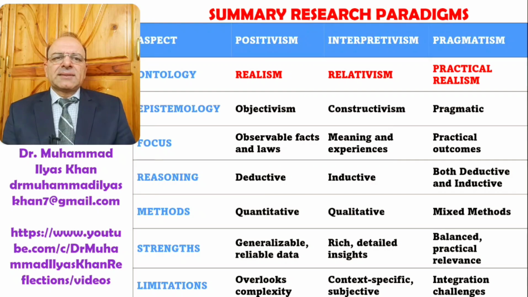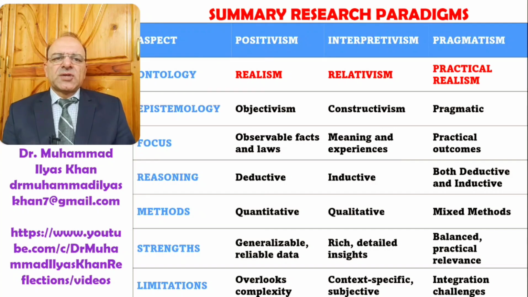In terms of methods, generally positivists use quantitative methods, interpretivists make use of qualitative methods, and pragmatists make use of both quantitative and qualitative methods, or you can say mixed method research designs.